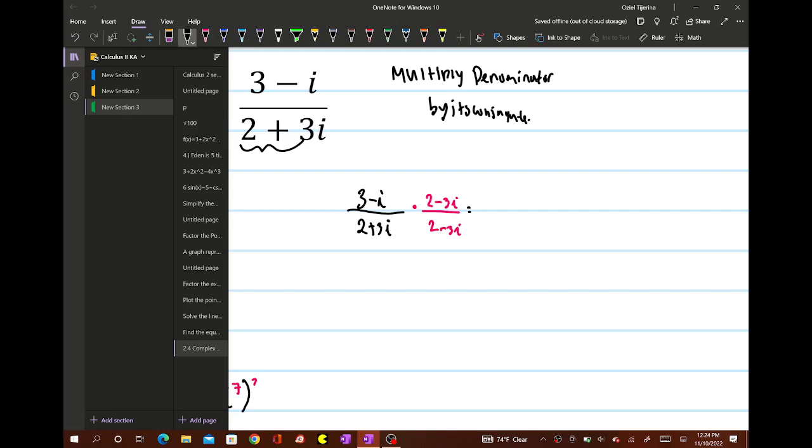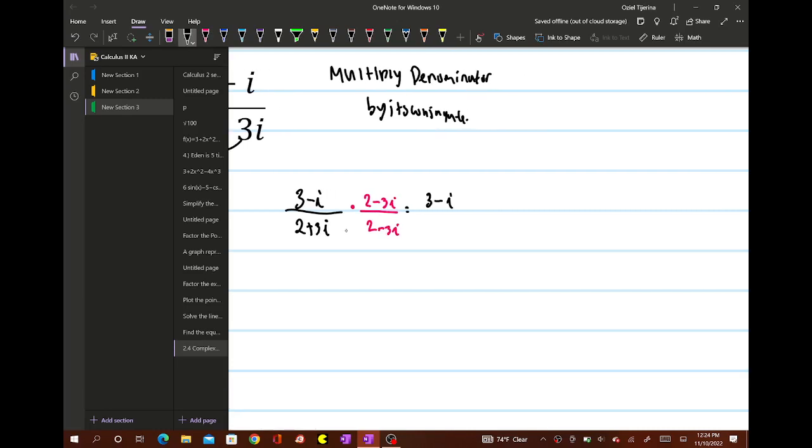So then this becomes 3 minus i times 2 minus 3i over, and like I said, it's going to be 2 squared minus 3i squared, right?